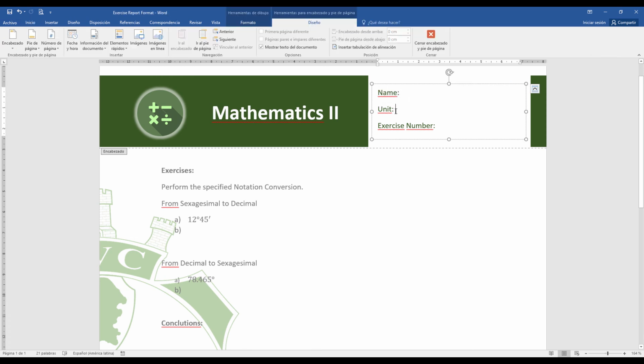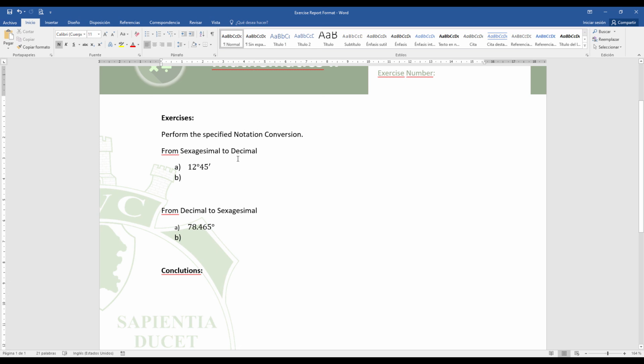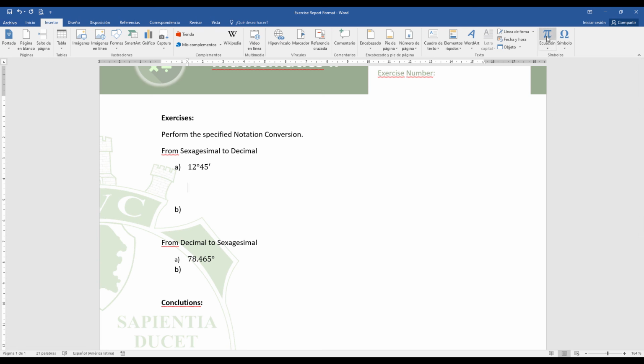Name, I don't know, your name, the unit number 1, the exercise number 3. Yeah, again double click here. Perform the specified notation conversion from sexagesimal to decimal. Yeah, so here you need to use the equation, yeah, in Word.